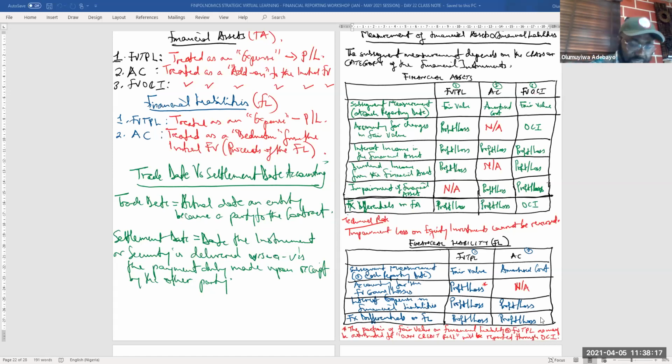And let me bring it to practice. If Imponomics Green Finance Limited has an obligation with a bank, and the obligation is 12%.